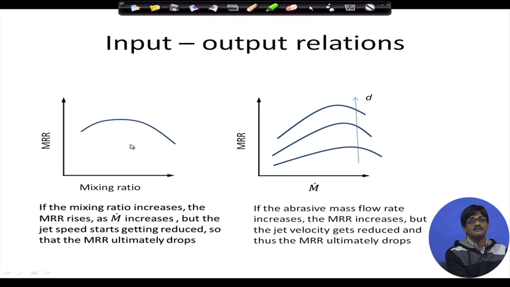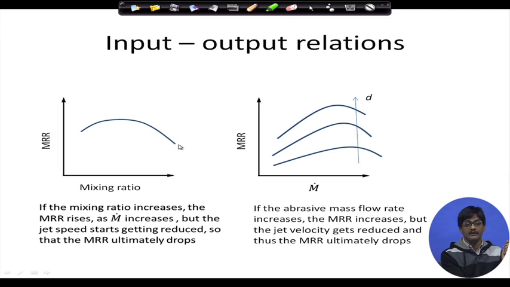The gas jet velocity gets sufficiently reduced due to the momentum transfer. The abrasives have to be accelerated up to the final velocity of the abrasive and gas jet combined. So, as we go on increasing M dot, that means abrasive mass flow rate, the velocity of the jet will come down, and that will have its telling effect on MRR.